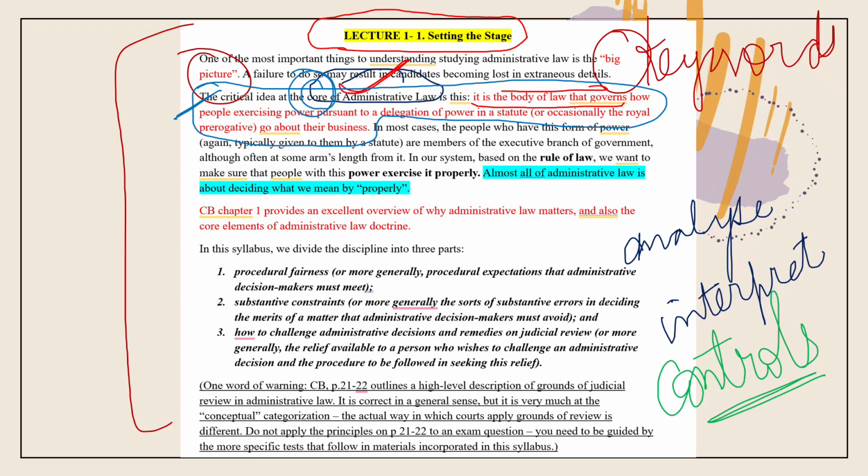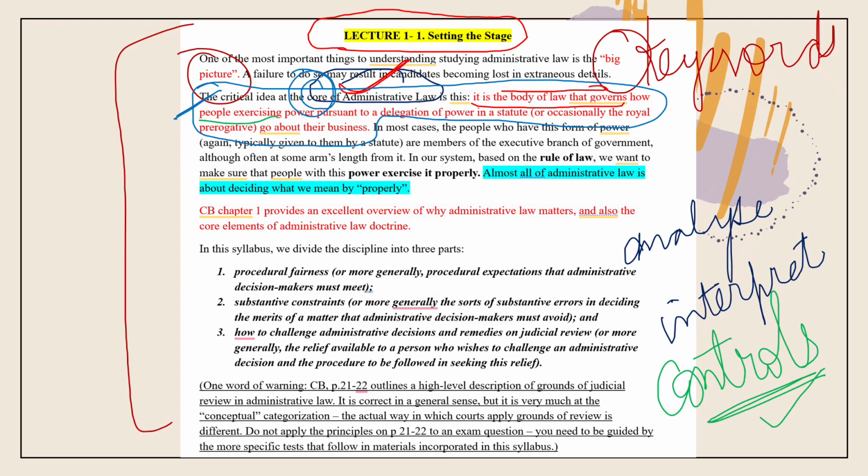So administrative law is the law that controls how government power is used. Once that power is delegated, given to a government body, now administrative law comes into the picture. Administrative law governs and controls how that government authority, that government body, can use the power which is given to it.